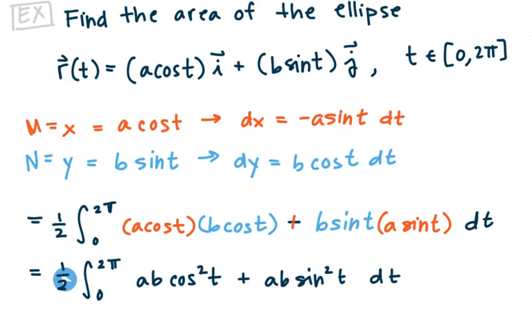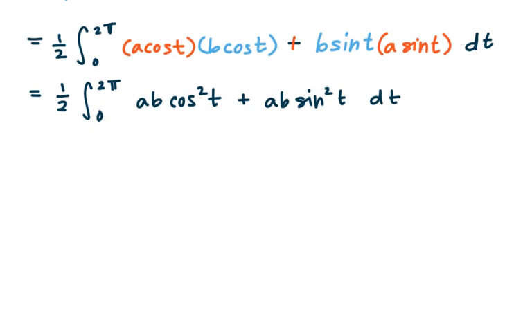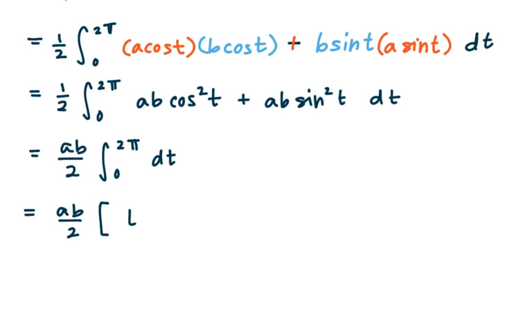I'll have ab over 2. Cosine squared plus sine squared is 1. So now I have ab over 2, the integral from 0 to 2 pi dt, or ab over 2, that's going to become t, evaluated from t equals 0 to t equals 2 pi.